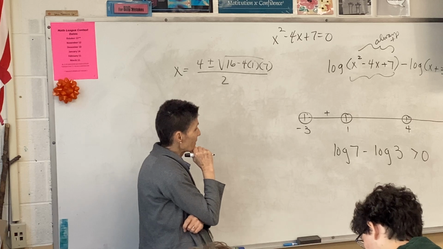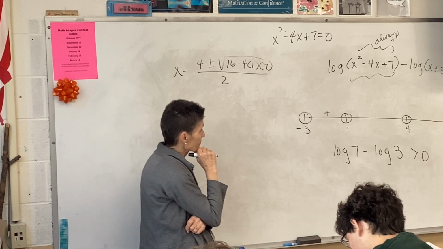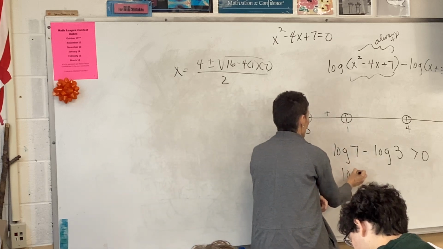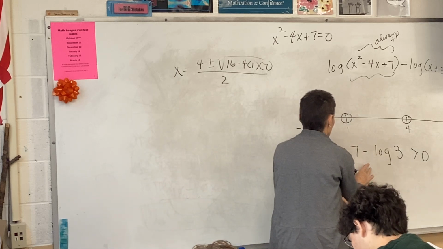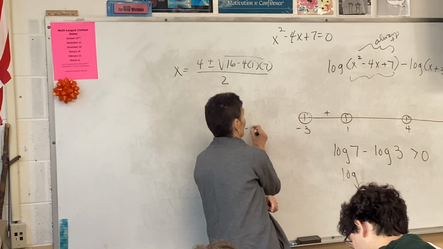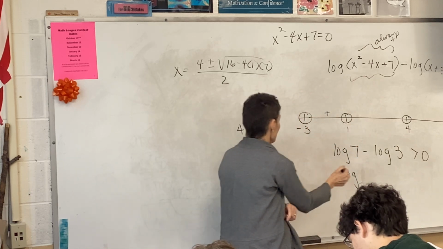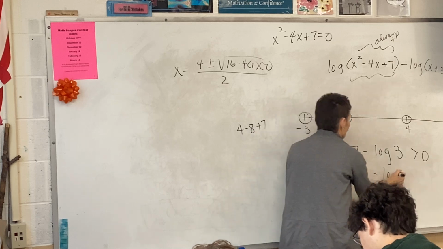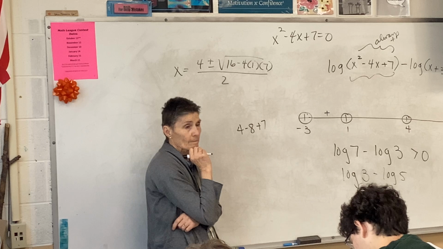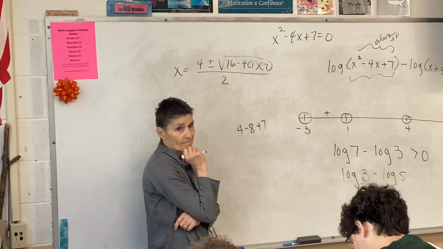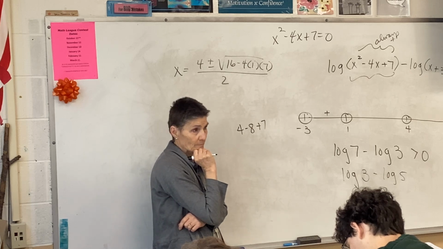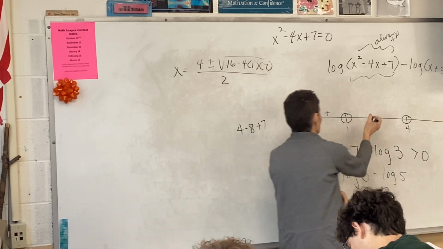All right, what about 2? So that would be the log of, what if I put in 2? 3. If I put in 2, I get 5. What about that? That does not seem to be good.